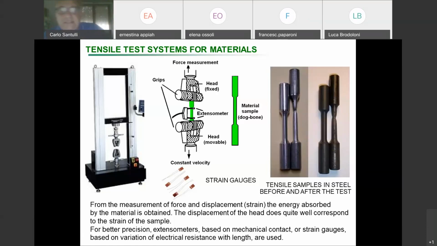Of course, with respect to Hooke's times, we have more modern ways of measuring elongation, because the force is quite easy to measure. The elongation is less easy to measure, because you may be confident that it stays straight, and therefore you can measure the elongation just by using your scale here, on your measuring system.